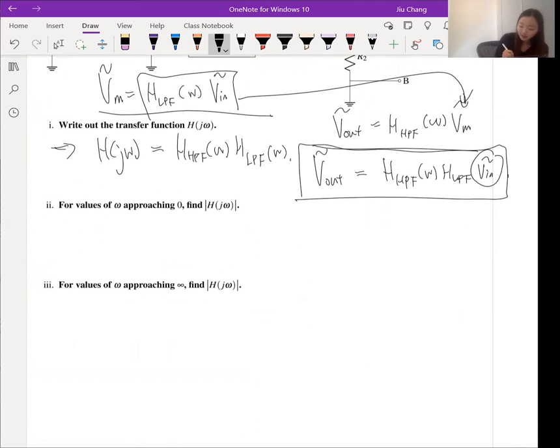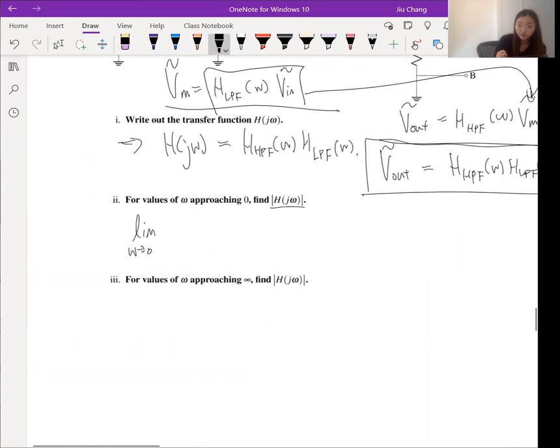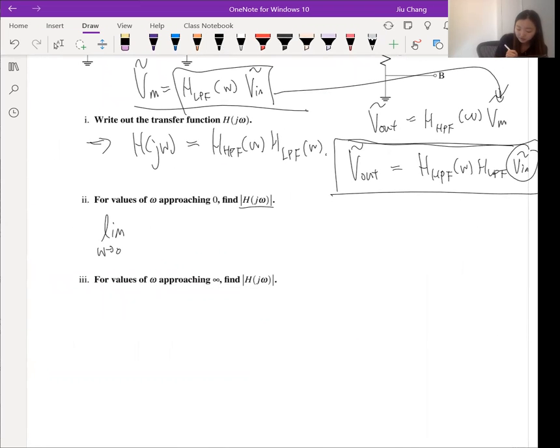Next, we want the magnitude of the transfer function when omega approaches 0. So now we will use these values from above.